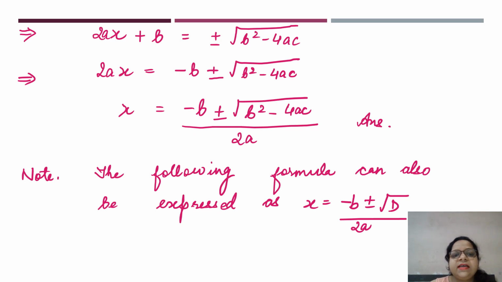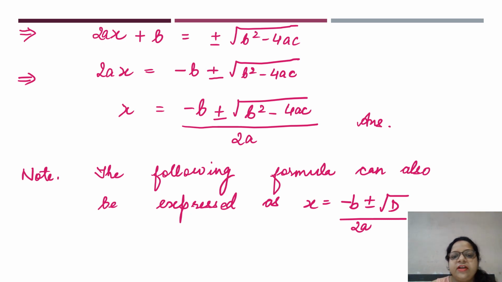So 2ax is equal to minus b plus minus root of b square minus 4ac. Therefore x is equal to minus b plus minus under root of b square minus 4ac upon 2a.